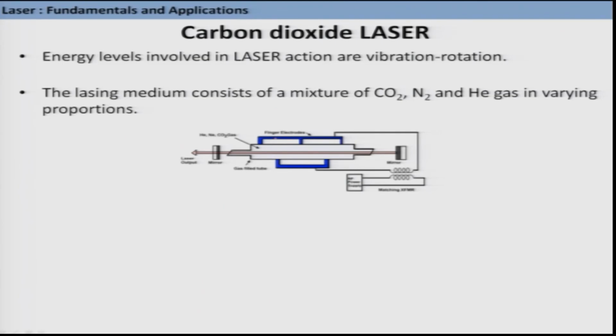So you have helium, neon and carbon dioxide gas all mixed up here, and you put an end mirror here and an output coupler here, and ultimately you get the laser output. Quite a simple design.